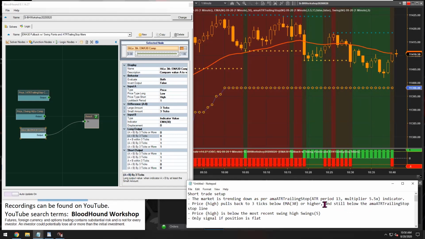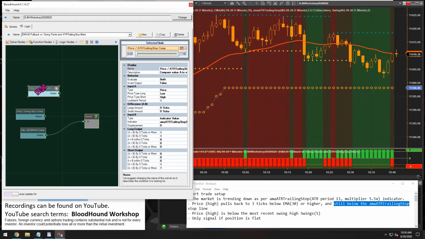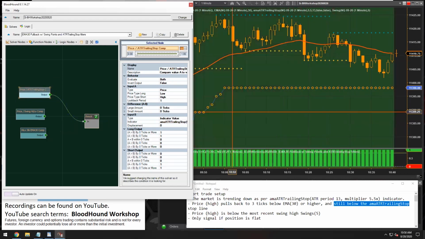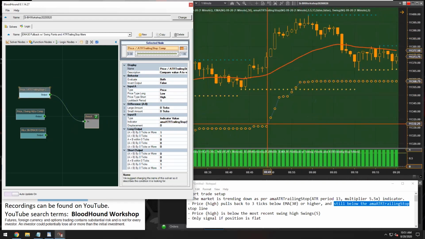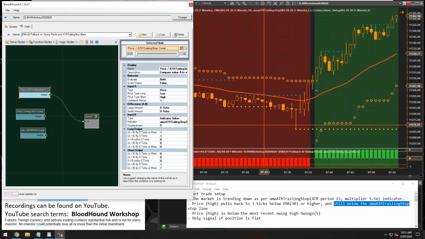So the second part here, where price still needs to be below the ATR trailing stop, well, that actually is incorporated, remember, into our first solver here, this one up here. So if we scroll way back, there we go.